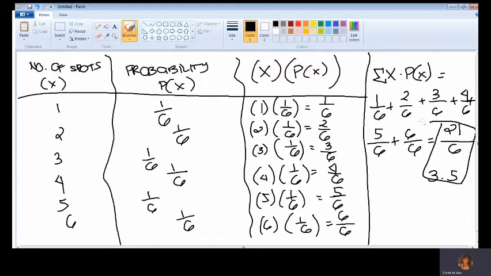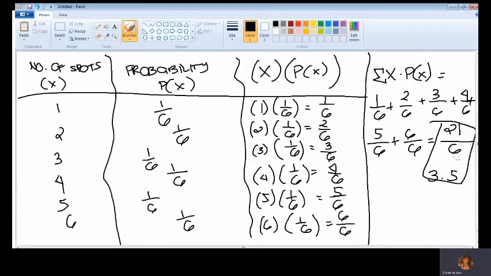The result we obtain is what we call the mean of the random variable x, or the mean of the probability distribution of x. What does this mean? This mean tells us the average number of spots that would appear in a roll of a die. So the average number of spots that would appear is 3.5, or 21 over 6.